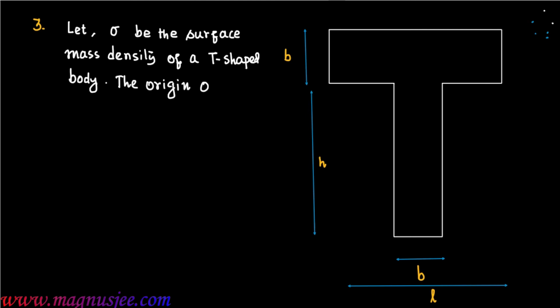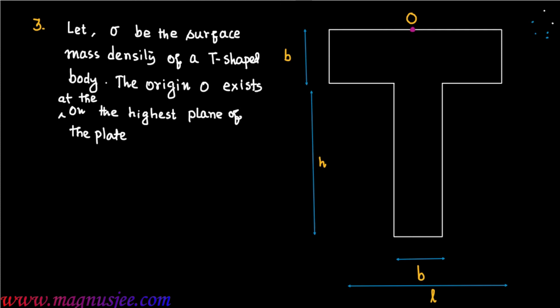The origin O exists at the highest point. This is the origin. O is the origin which exists at the highest plane of this T-shaped plate, at the mid position on the highest plane of the plate.